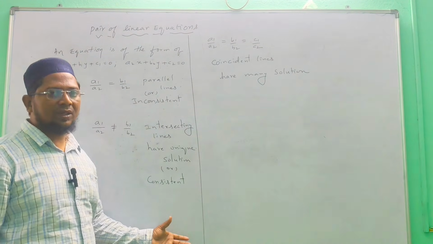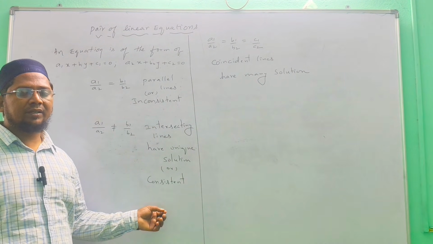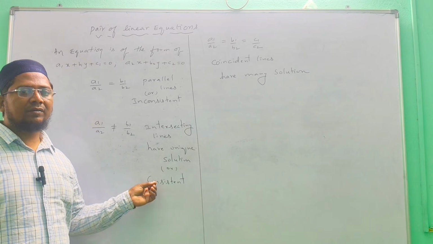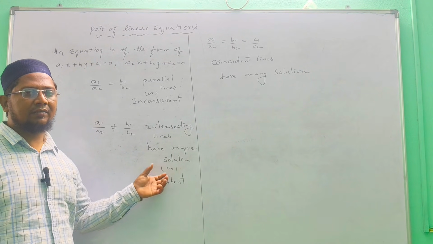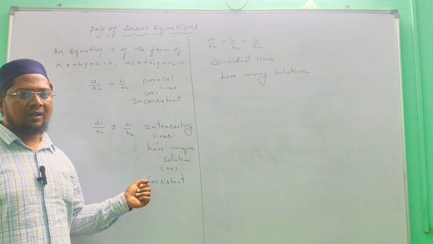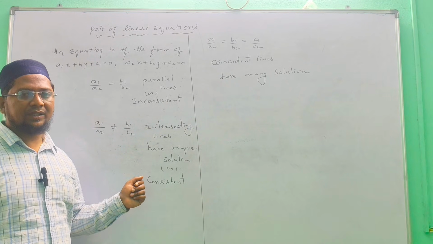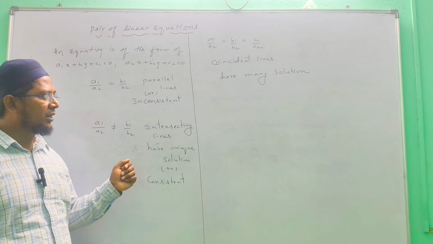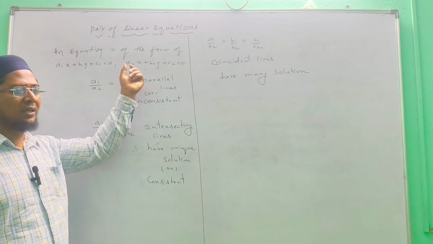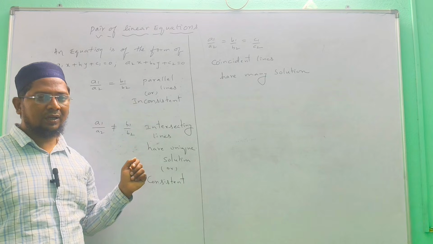Actually, this chapter is totally based on the relationship between the pair of linear equations. A linear equation is nothing but an equation of first degree. And what is the graph of these two equations? The graph of these two equations are straight lines. So here we have to show the relationship between these two lines.